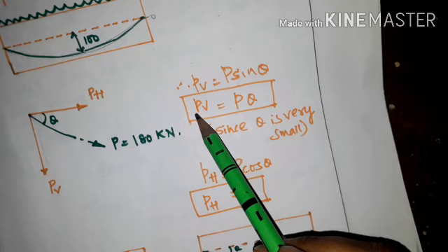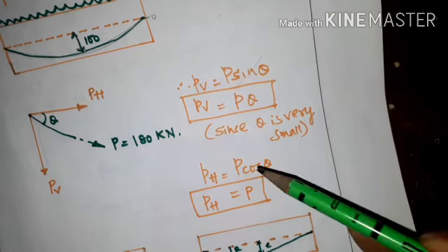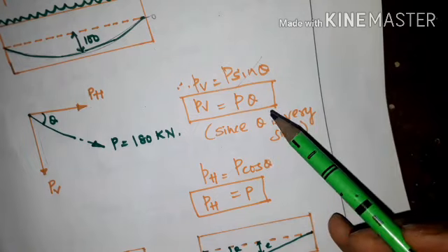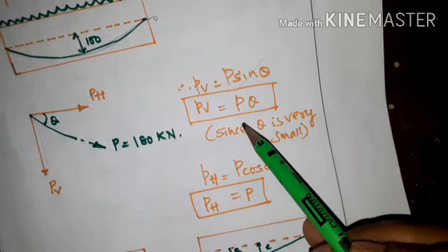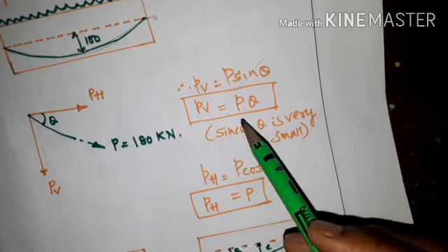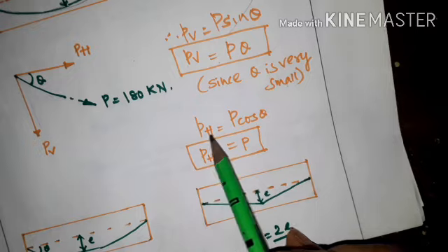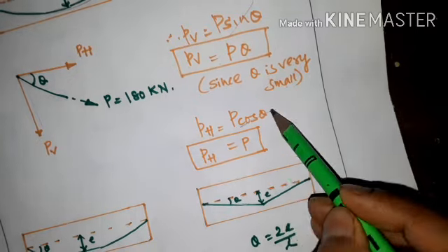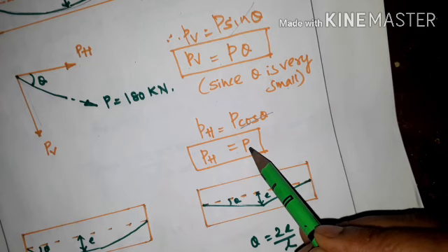Nothing but PV is equal to P theta, since theta is very small, so we are not considering sine. That's why PV is equal to P theta. And PH is P cos theta, but we are ignoring cos theta, so PH is equal to P, which is nothing but the effective pre-stressing force in the cable.